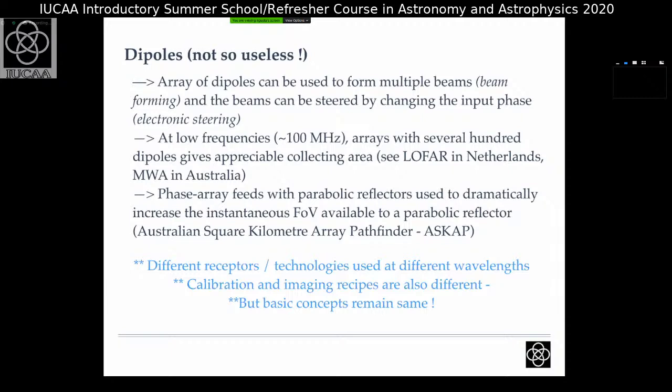There are telescopes like this, like LOFAR in the Netherlands, which is one of the most sensitive low frequency telescopes, along with GMRT. And then there's MWA in Australia, and you may want to look at these telescopes in more detail, to see how the concepts of interferometry get applied in this domain.